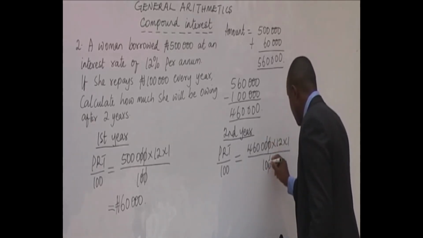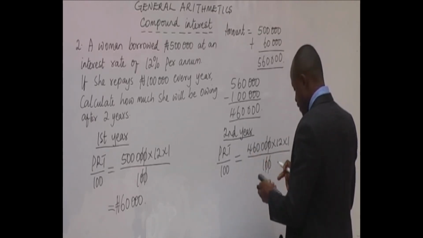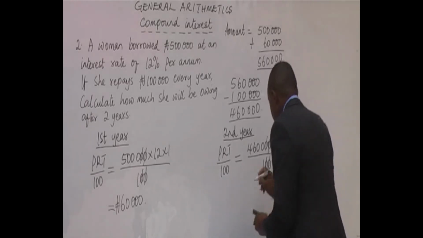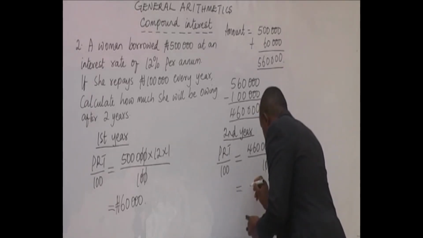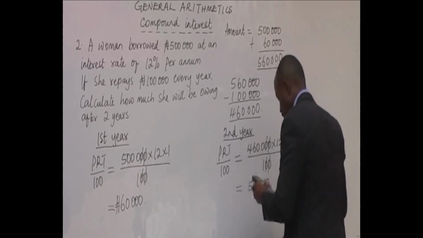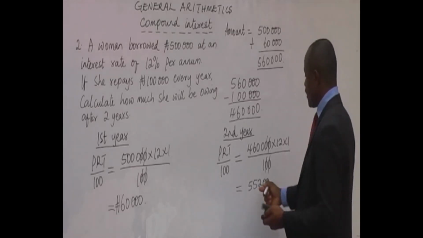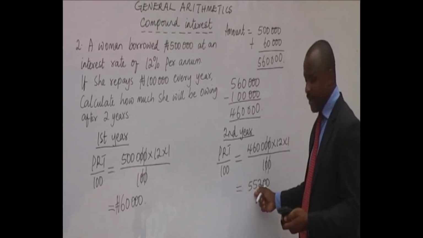Remove this, remove this. So we now have 4,600. 4,600 times 12 is giving us 55,200. Now this is the interest for the second year.